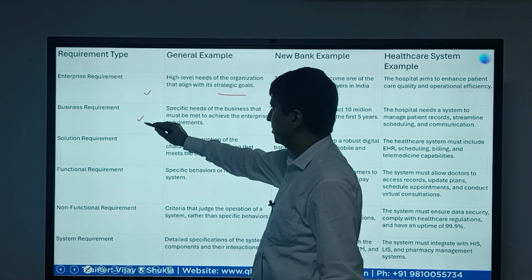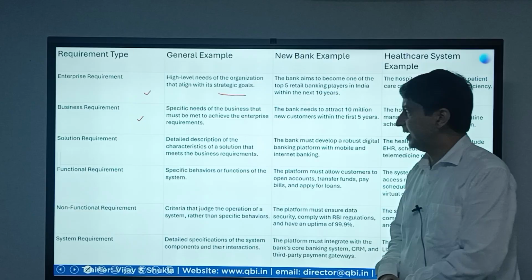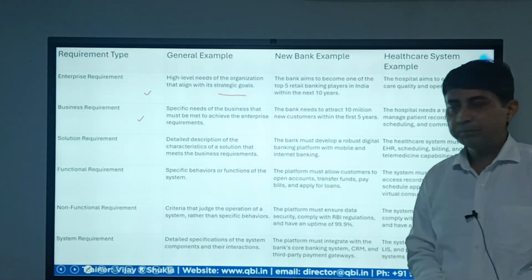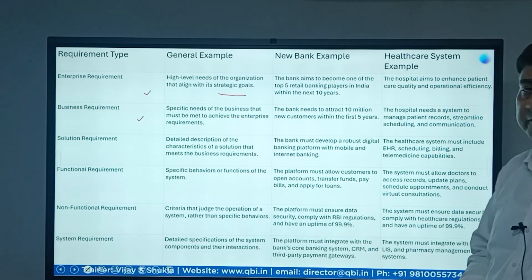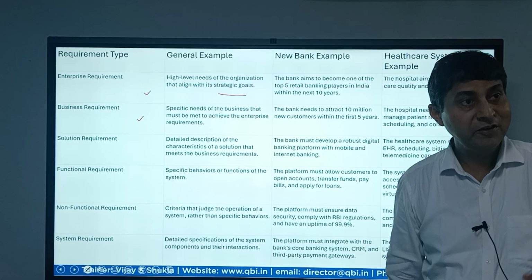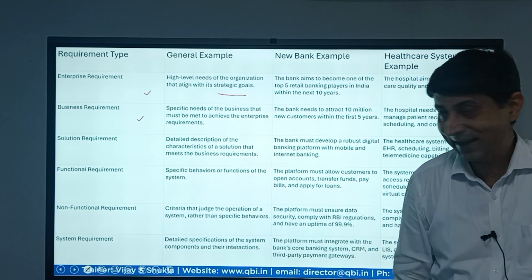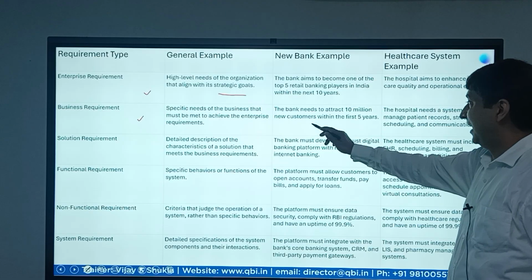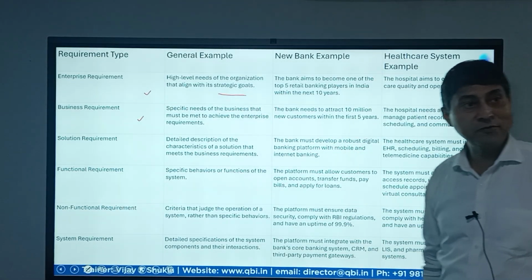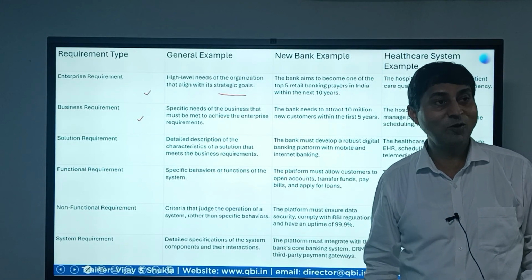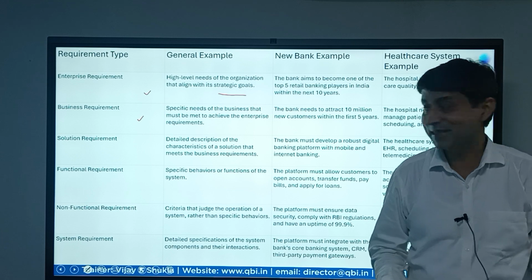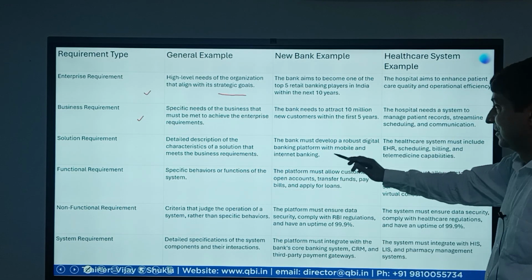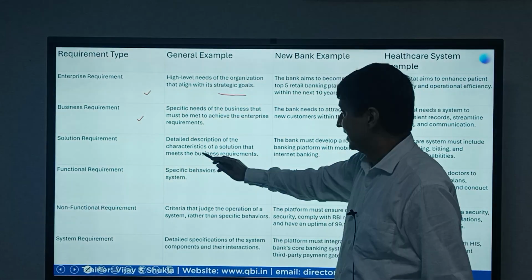Now we focus on business requirement. Specific needs of the business that must be met to achieve the enterprise requirement. We want to become the number 1 banking player. Now the bank needs to attract at least 10 million new customers in the first 5 years. Now how do you attract so many new customers? Solution requirement.